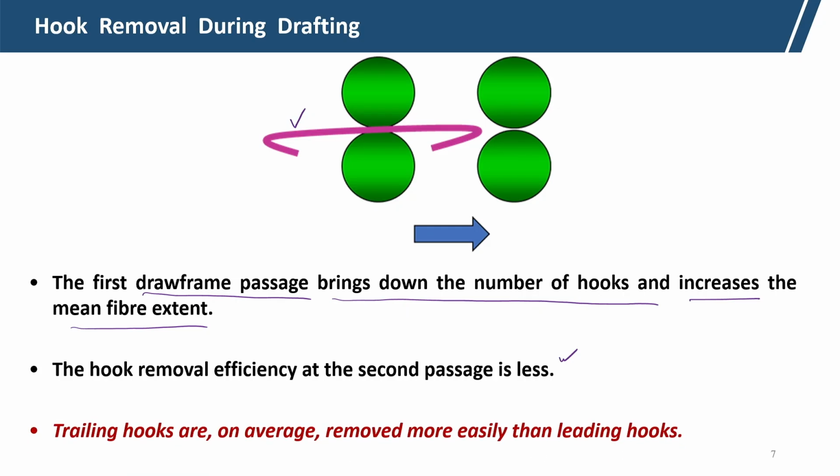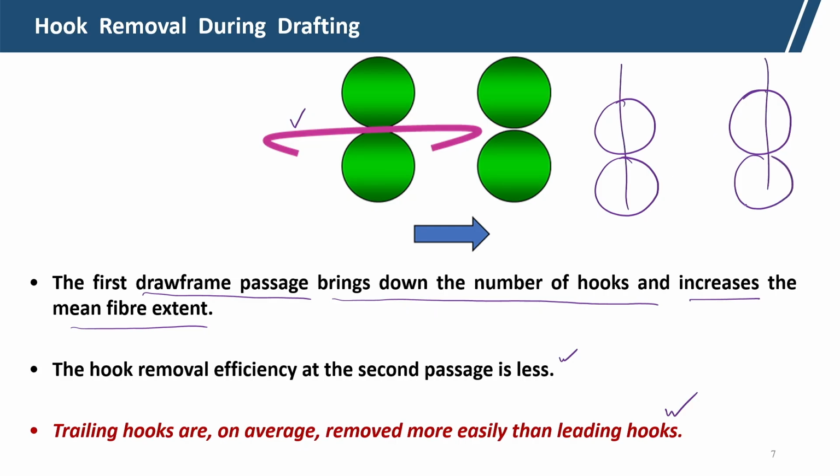Trailing hooks are on average removed more easily than leading hooks. So, that is actually true, because let us discuss here. We have a drafting zone here. Now, this is the front roller, this is the back drafting roller.